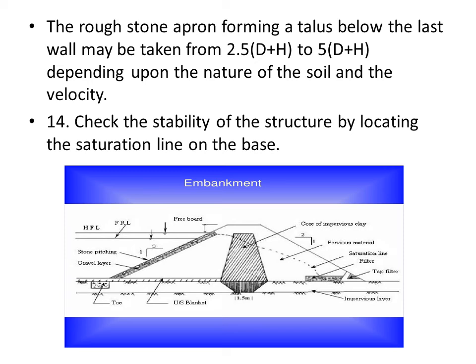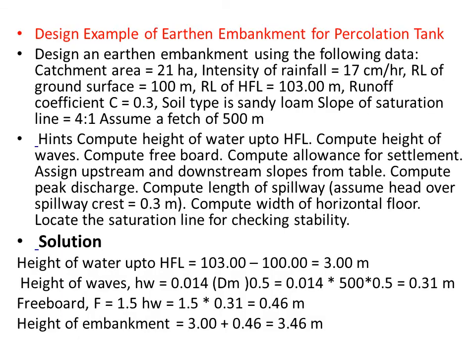Then we have the stone pitching over the filter media. Then we have the downstream slope, usually protected by turfing. So this is how the section looks. This is a solid example of the earthen embankment for a percolation tank.